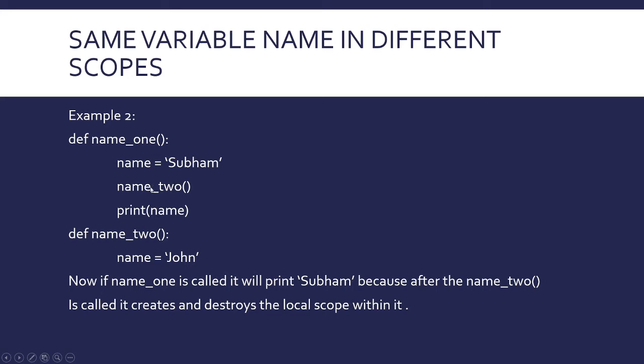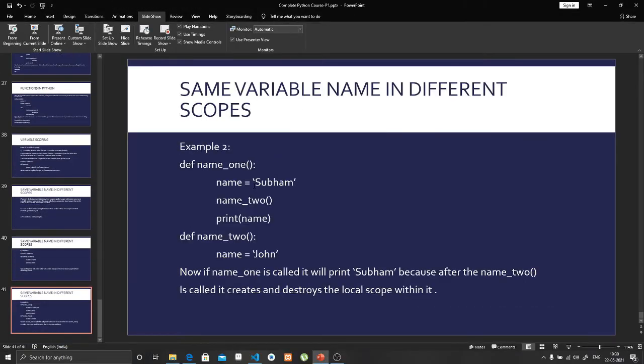It got initialized, it assigned a value John, and then it got destroyed. So the value that will be printed is my name, Shubham. So this is all I wanted to share.